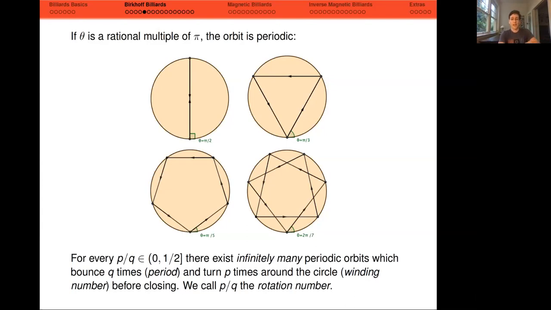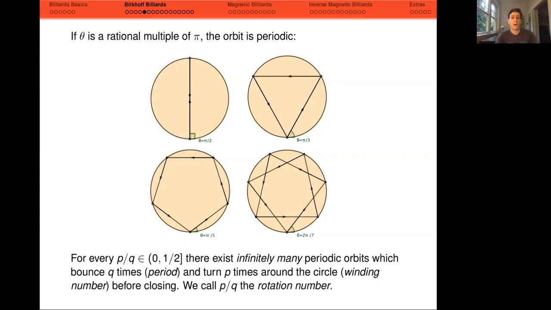This interval is restricted to being from 0 to 1/2 because, if we think about the case of this angle pi over 5, and the angle theta is instead pi minus pi over 5, then it's going to trace out the exact same pentagon as this orbit does. The only difference is that the direction vectors are going to be pointing in the opposite direction. And so we're going to, in some ways, consider those to be the same orbit.